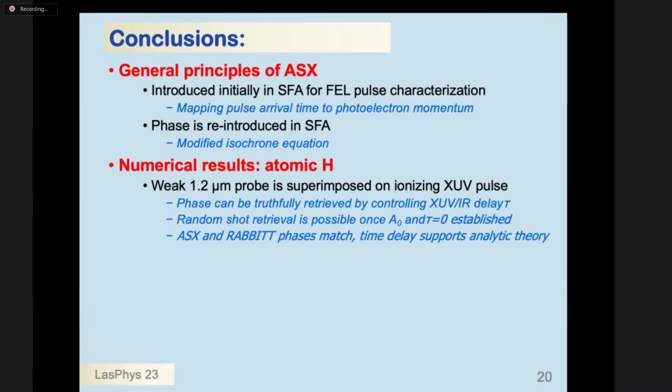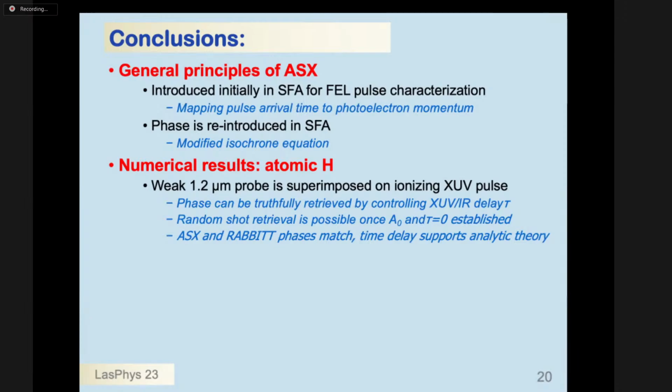We reintroduced the streaking phase to this isochron equation. And by running numerical simulation on atomic hydrogen with a weak micrometer probe superimposed on XUV pulse, we truthfully retrieve the streaking phase by controlling XUV IR delay.